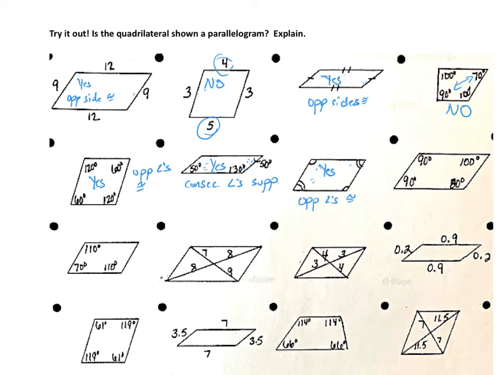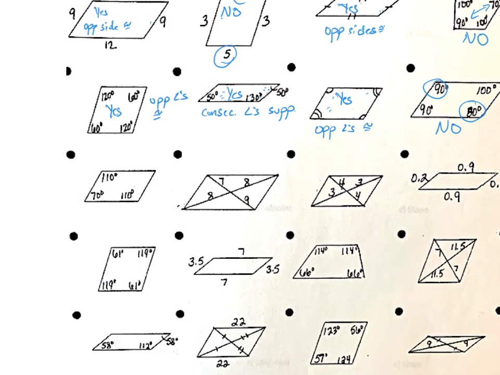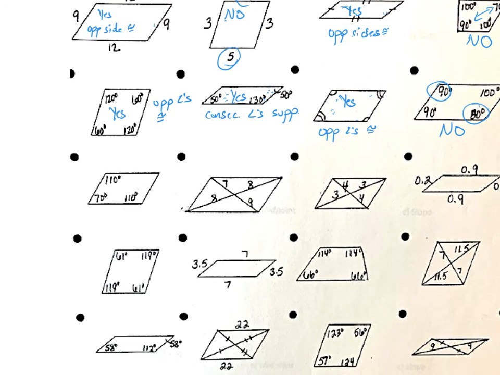Here we have two that don't match, so this is a big old no. This one gives me a 70 and 110. Those are 180, and those are 180. The consecutive angles are supplementary, so we can say yes.